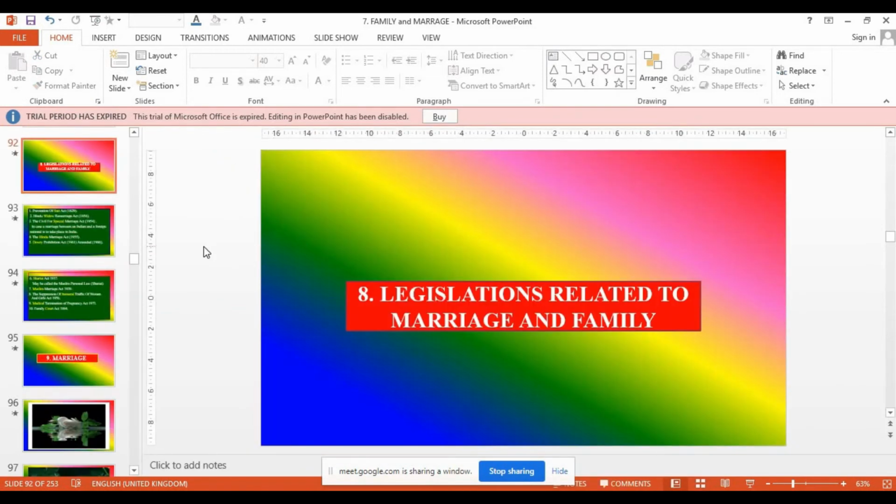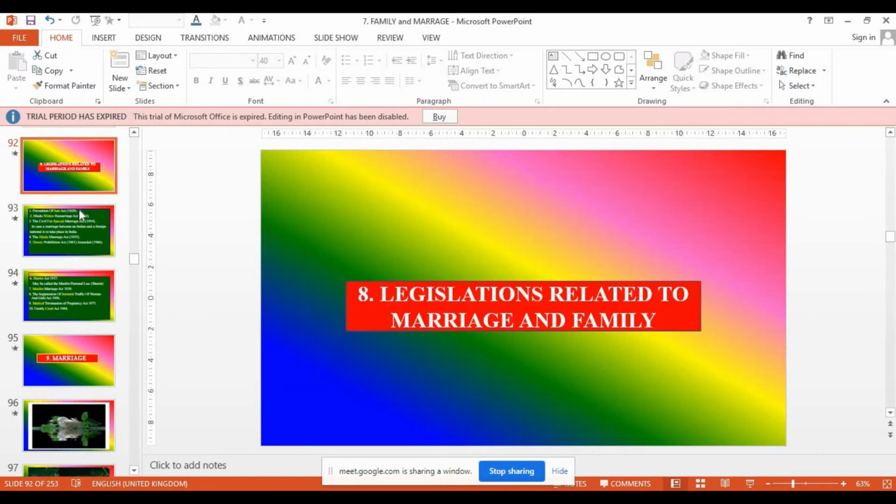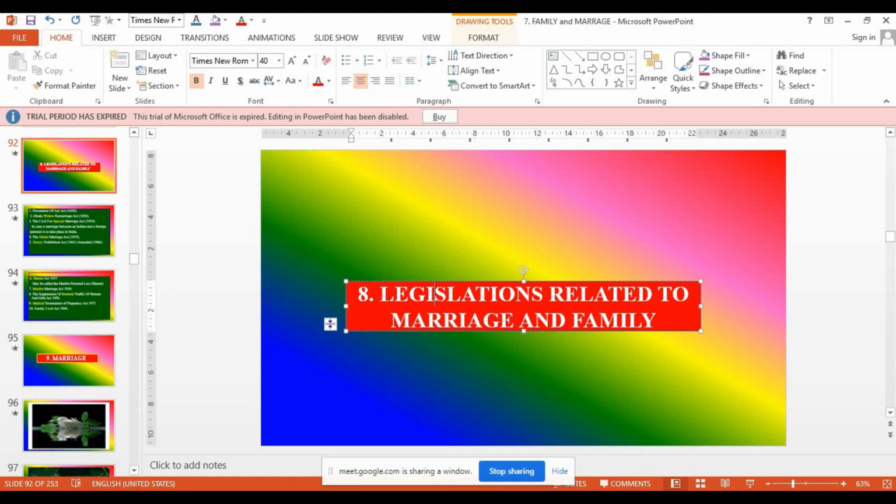Students, next section: legislation related to marriage and family. First, legislation. What do you mean by legislation? The law which is made by legislators. Who are legislators?